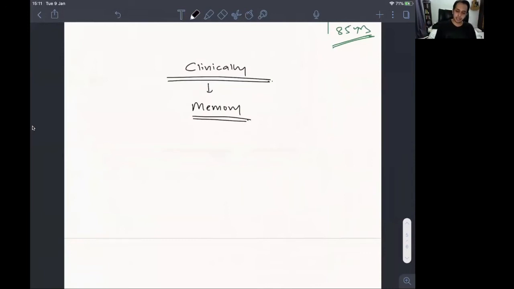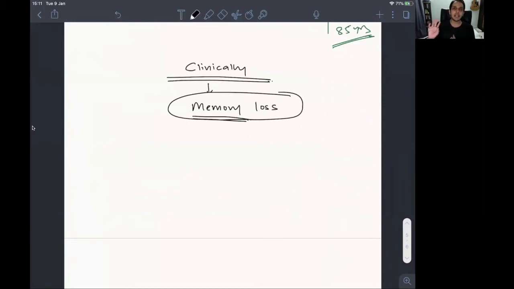So when somebody comes with memory loss, this is the commonest complaint that somebody will come with, that I am forgetting, since the last 1 month, 1 year, 10 years, I have started forgetting.